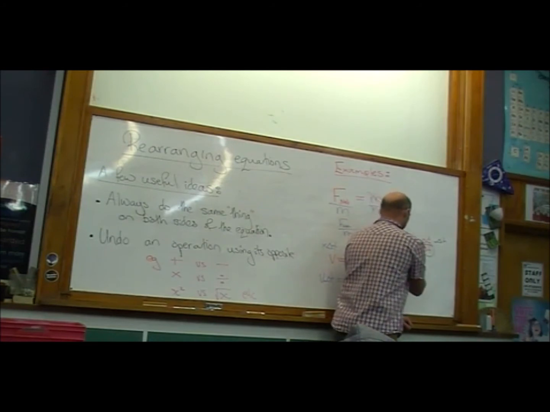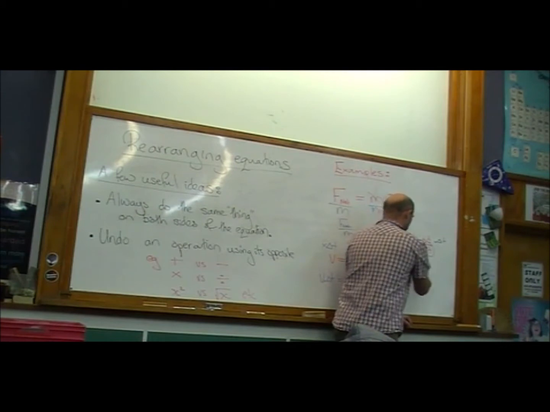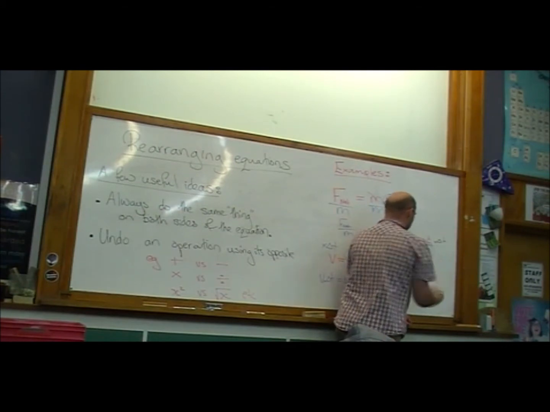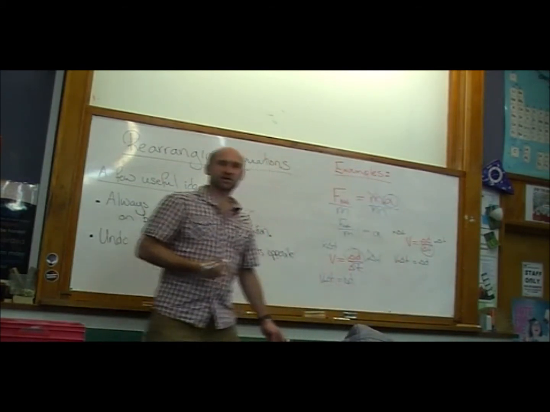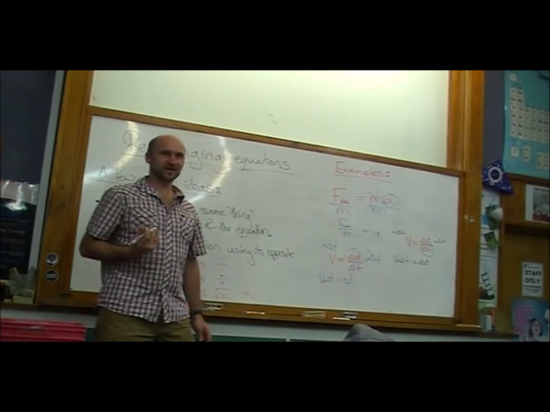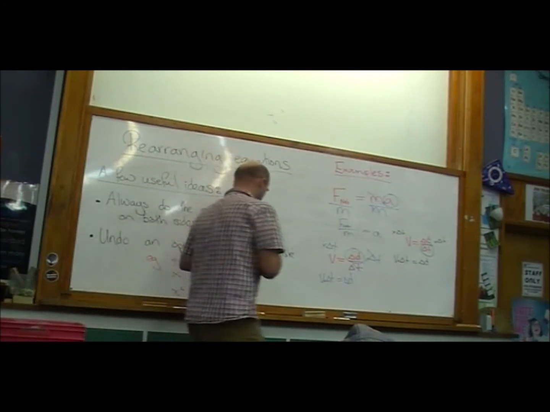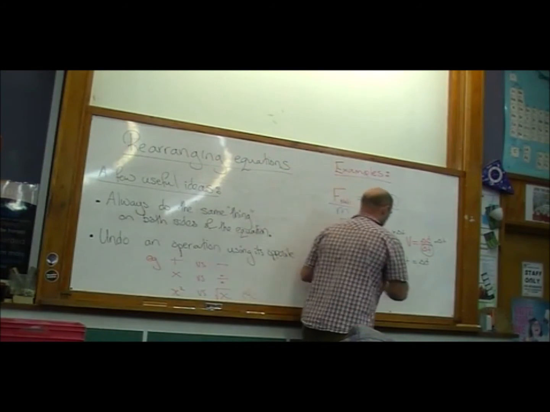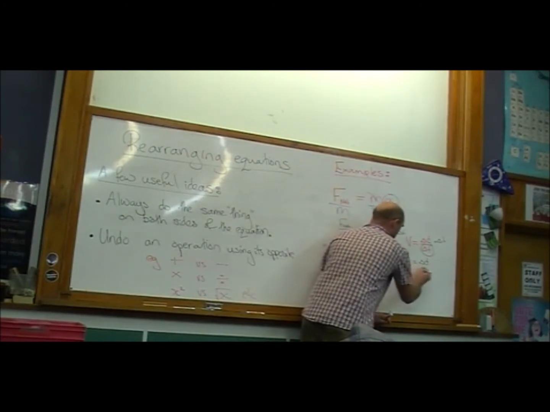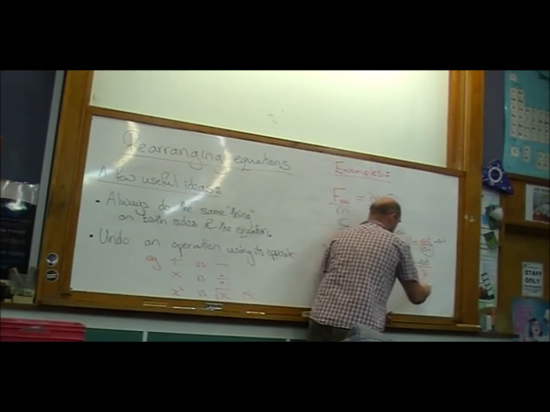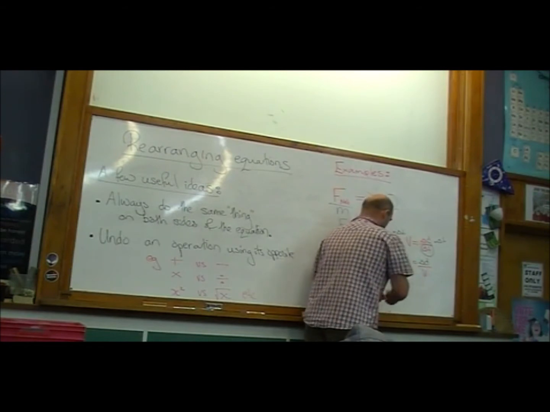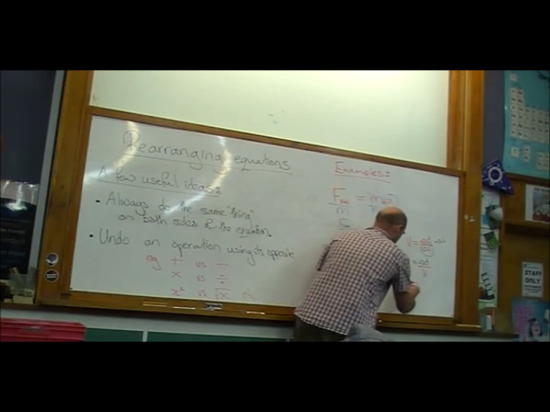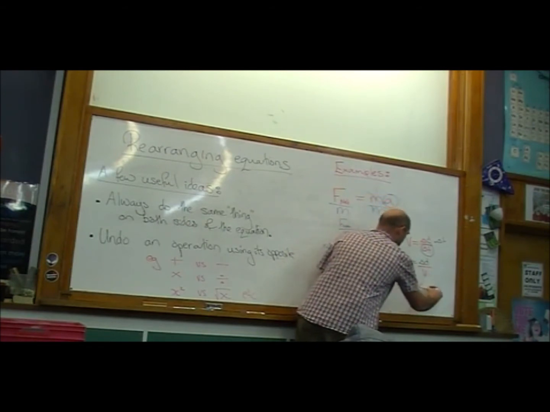So we get to that same place. Speed times change in t is equal to change in d. And we're trying to get the t by itself. How do we take away the v? Divide. Good. So divide by v, divide by v, cancel, cancel, and we're left with change in time is change in distance over speed.